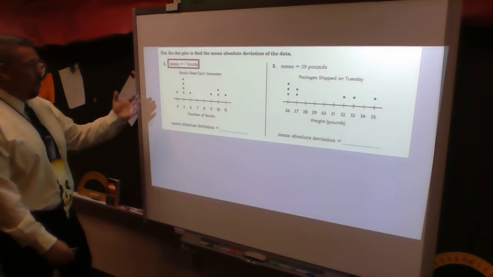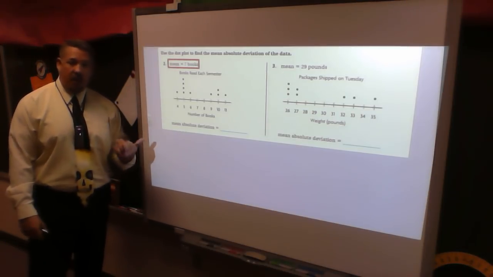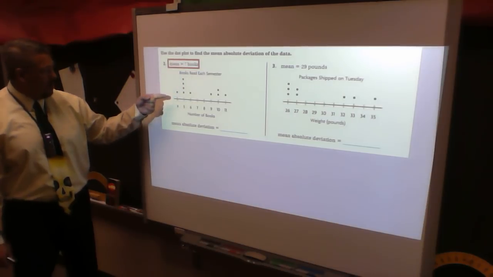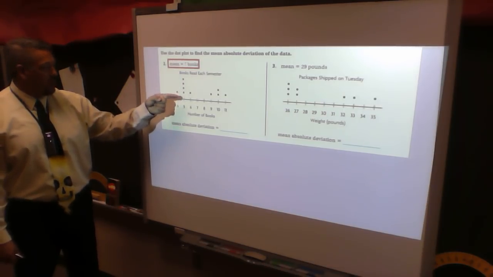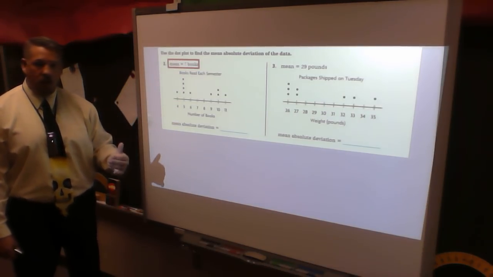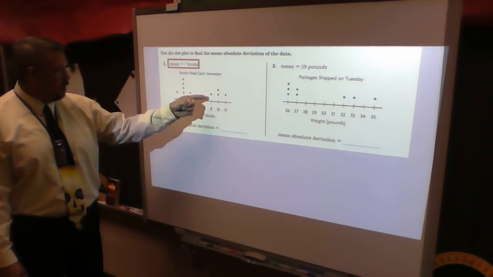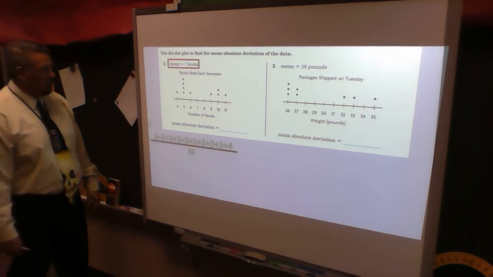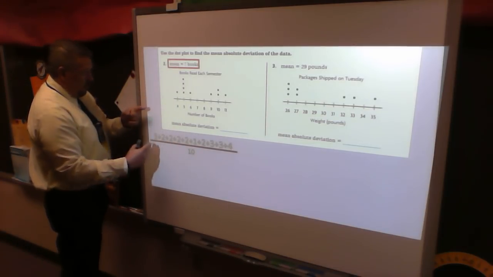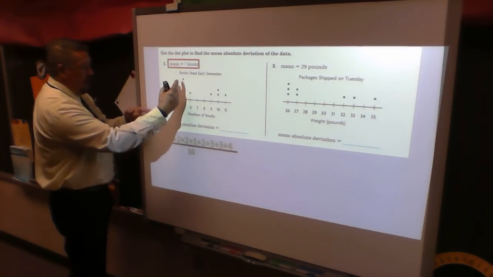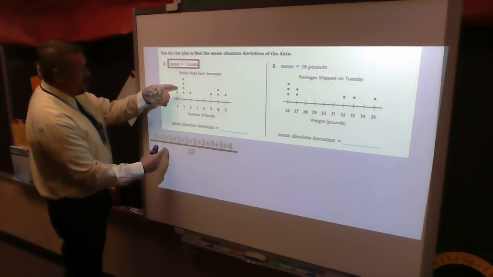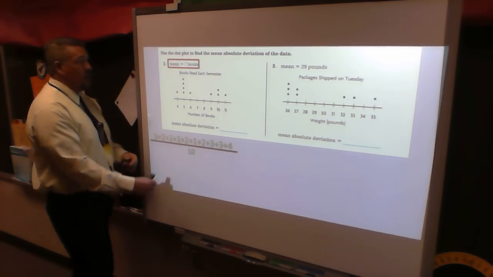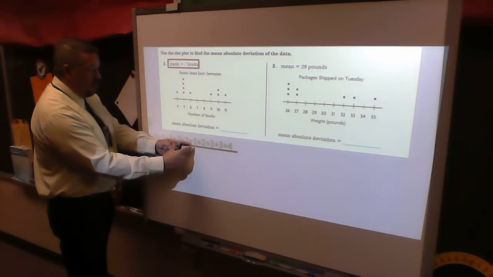So now I have to find my numerator on that big fraction we are building. I go from my mean and subtract each of these data points to get a value. If a data point is larger, I subtract my mean from it. So 7 minus 4 is 3. 7 minus 5 is 2, 2, 2, 2. 7 minus 6 is 1.